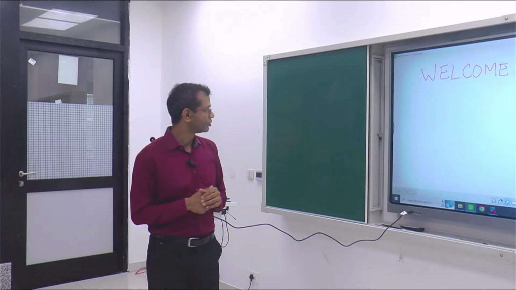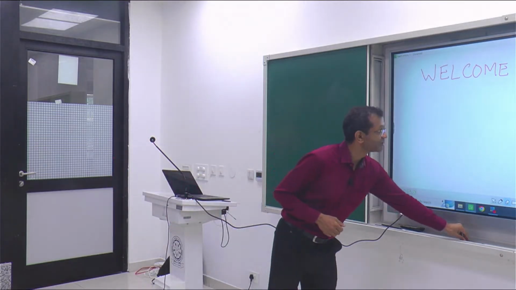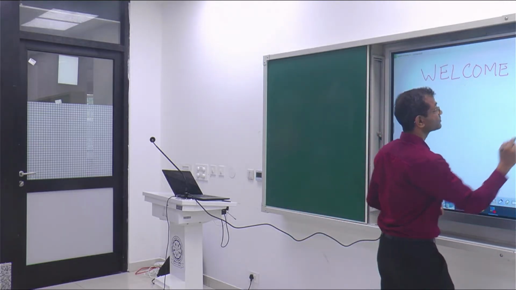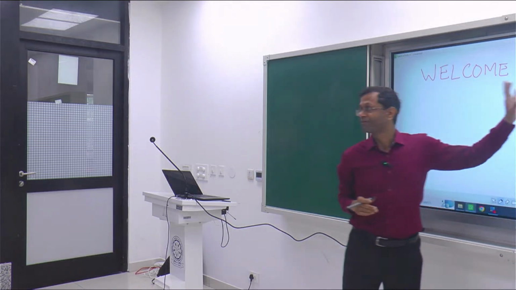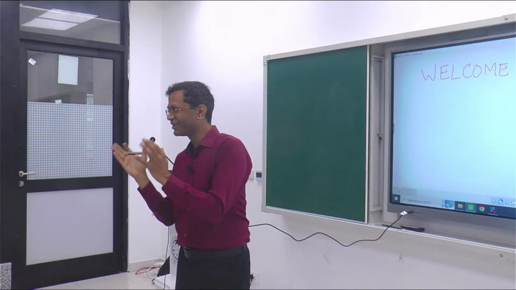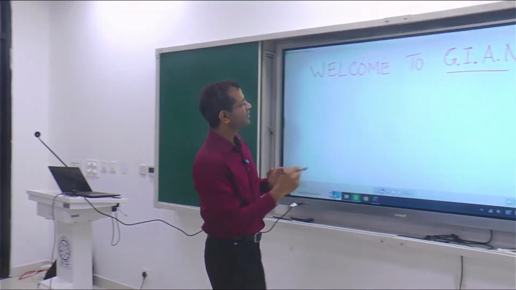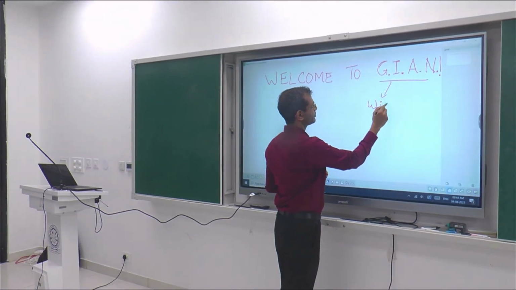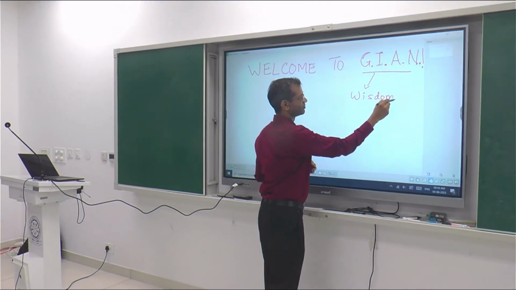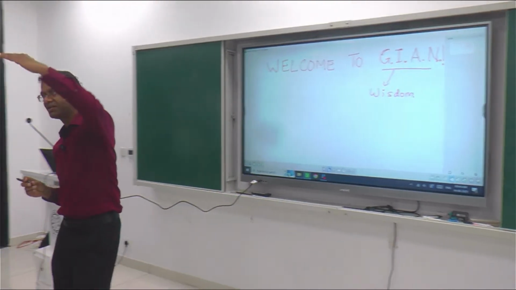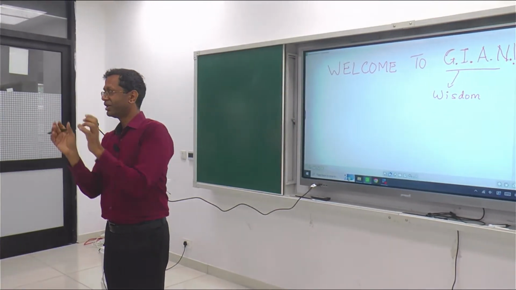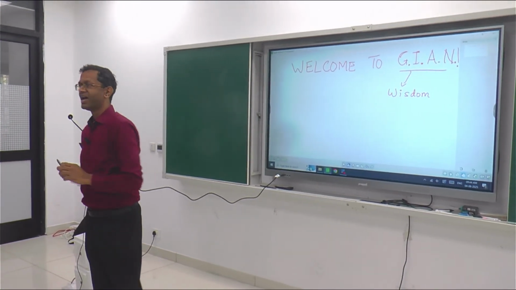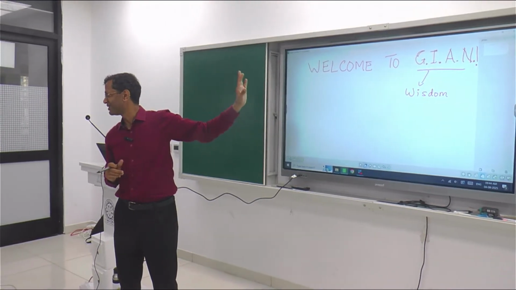Okay, so as we get started, I just want to say that GIAN is a very loaded word. GIAN is a very complicated word to understand. What does GIAN mean? I think roughly speaking, in English, it probably translates to wisdom, right? And wisdom is a level that you reach after information, then knowledge, and then wisdom. I don't think I will be able to give you wisdom in this class.